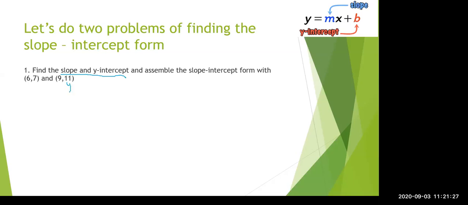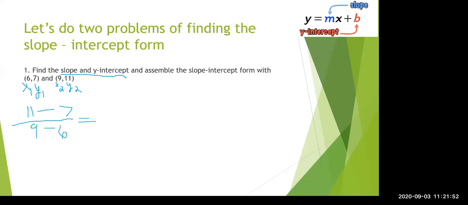which is y2 minus y1 over x2 minus x1, which is this. So now I'll just plug it in. It's 11 minus 7 divided by 9 minus 6.